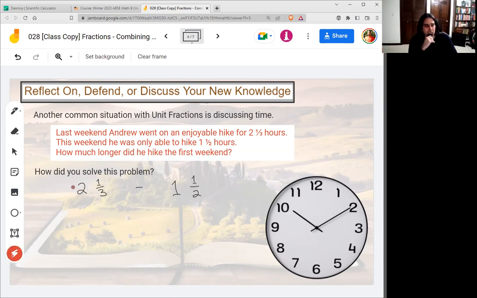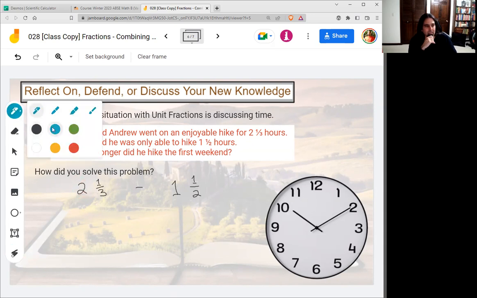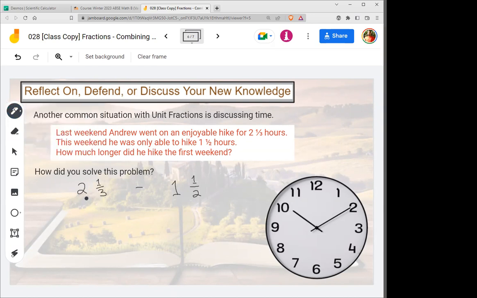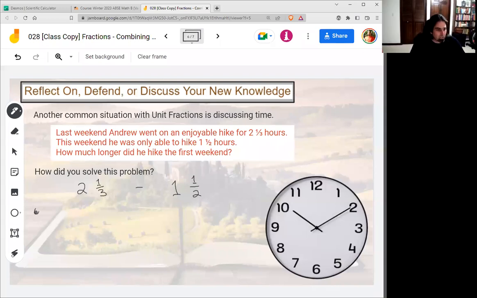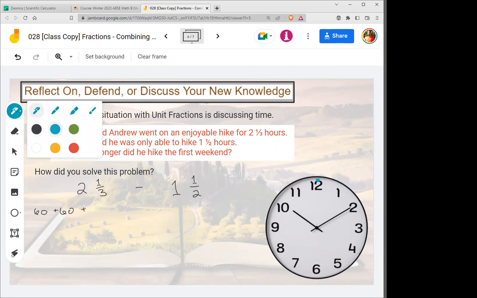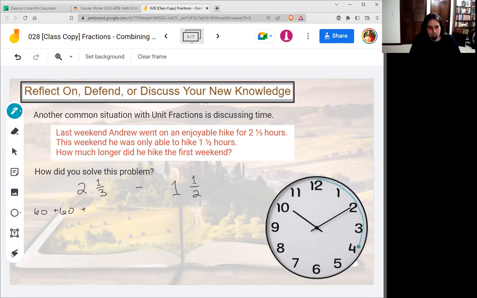How many minutes are each hour? 60. So 2 1/3 hours is 60 plus 60 plus what's a third of an hour? 20. So going a third of the way around here.